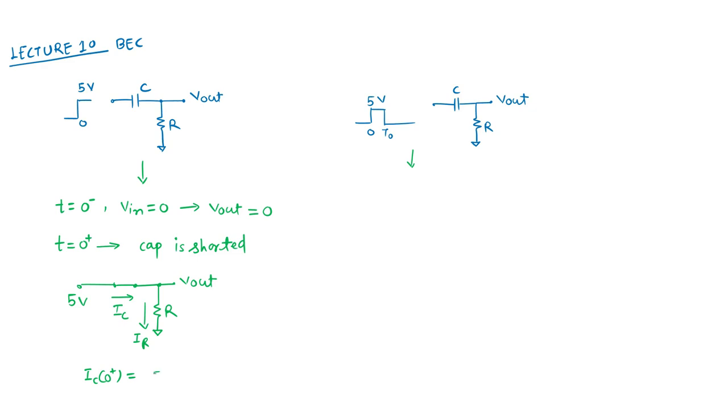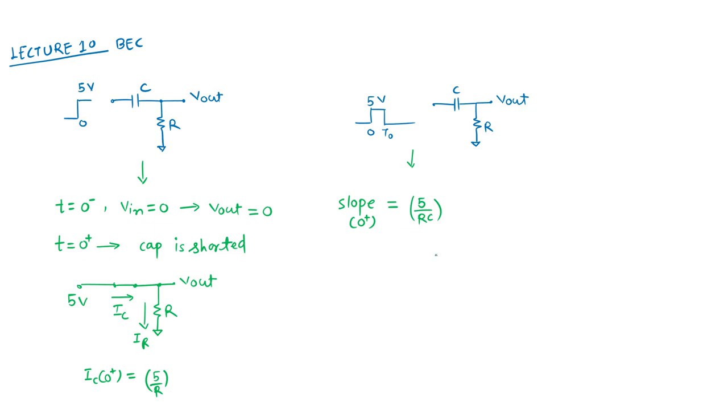It is 5 by R. So what is going to be the slope of the capacitor voltage? The initial slope should be 5 by R, the current, divided by C. So this is the initial slope.